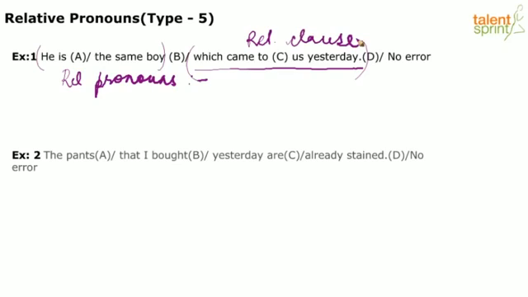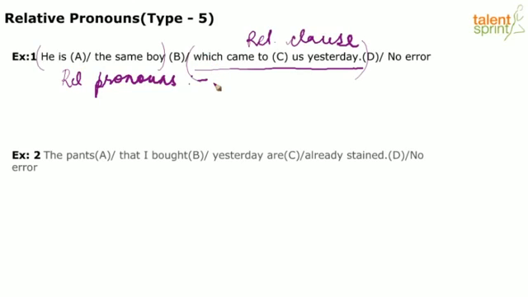In some places we also use when and where as relative pronouns, but that's not too common. In this case we are talking about a boy. So when you say which, that is definitely not the right relative pronoun to talk about a boy.